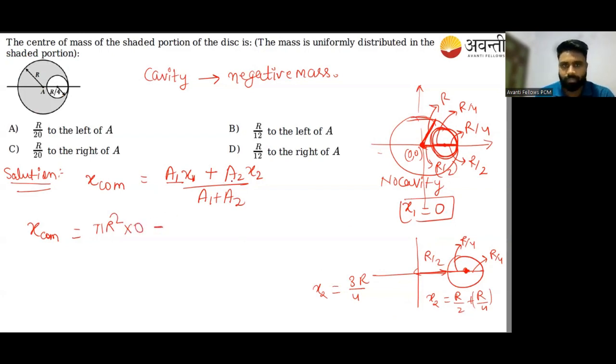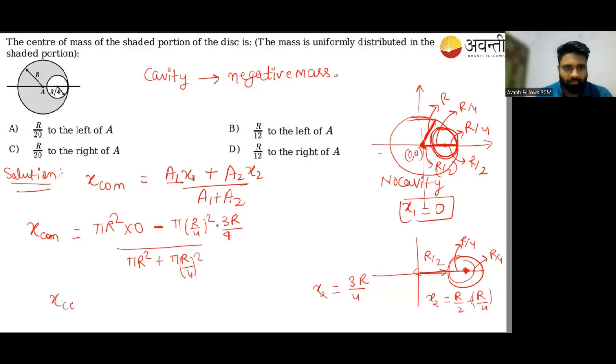Minus would come the area of the second disk, which will be pi (r by 4) square multiplied by the distance 3r by 4, x2, divided by pi r square plus pi (r by 4) square, area of 1 plus area of 2.